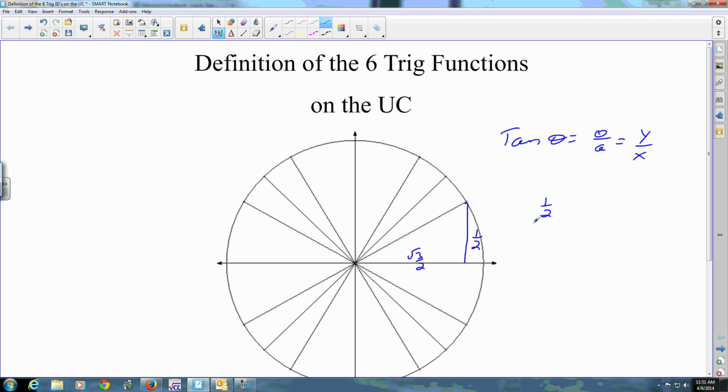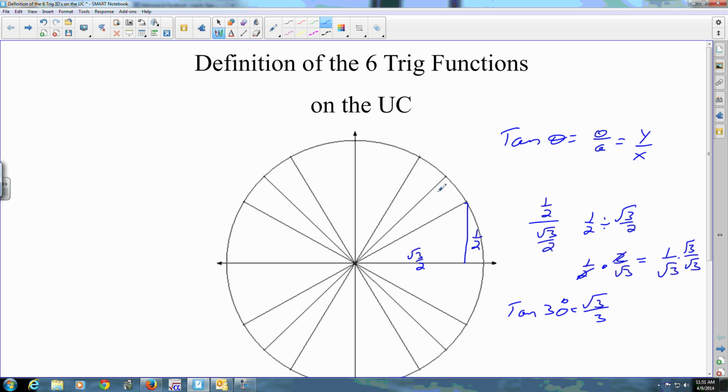So it's 1/2 over square root of 3 over 2. So that's 1/2 being divided by square root of 3 over 2. So that's 1/2 times the reciprocal of the bottom. You notice that cancels out, and you get 1 over the square root of 3. Then you have to rationalize it, and you get square root of 3 over square root of 3. So you get square root of 3 over 3. That's the tangent of 30 degrees.